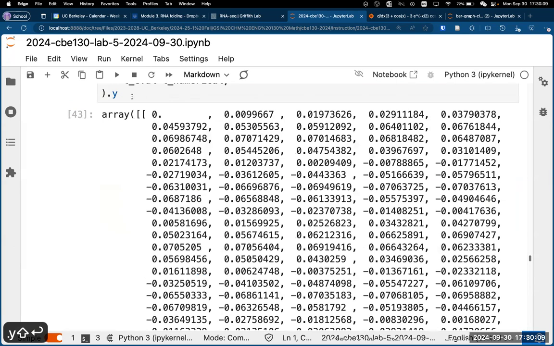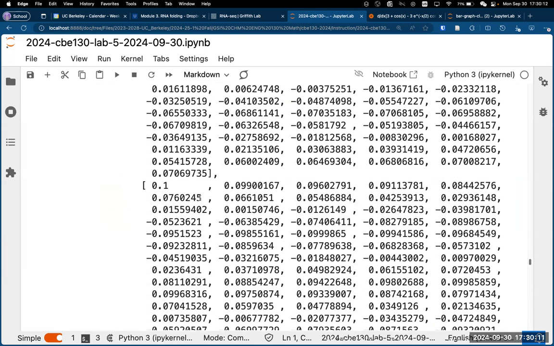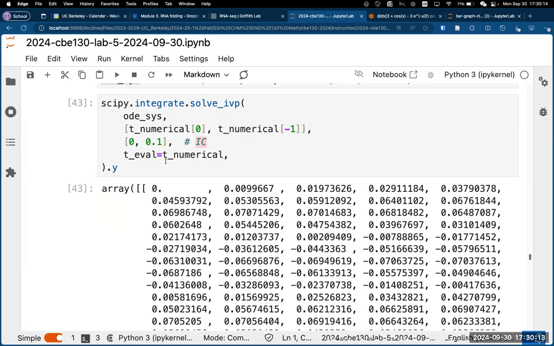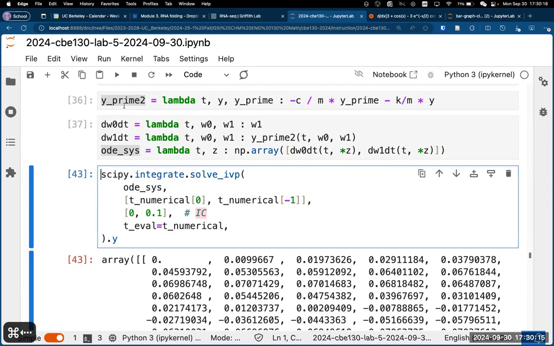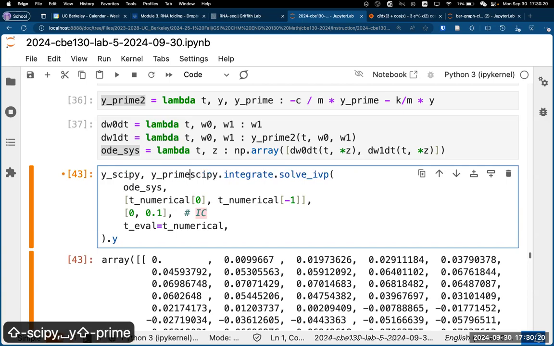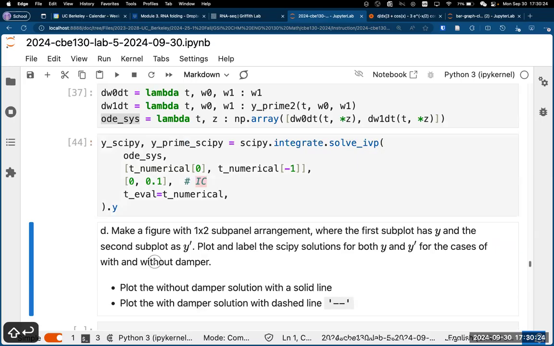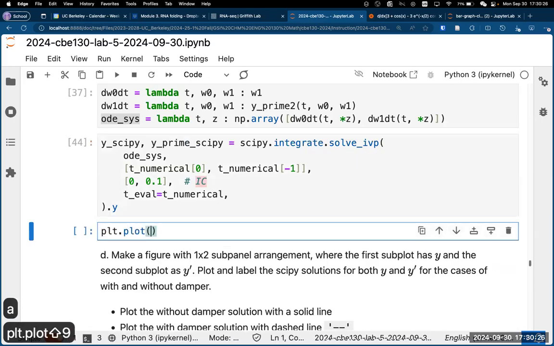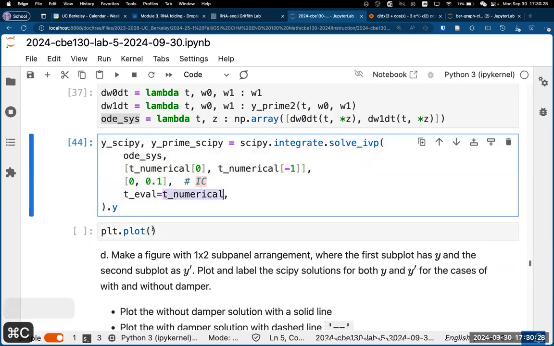And this array has 2 elements. The first one corresponds to the original function. The second one is the first derivative. So we can assign y of scipy and y prime of scipy to this. And then we can plot it. So t numerical and then y scipy.